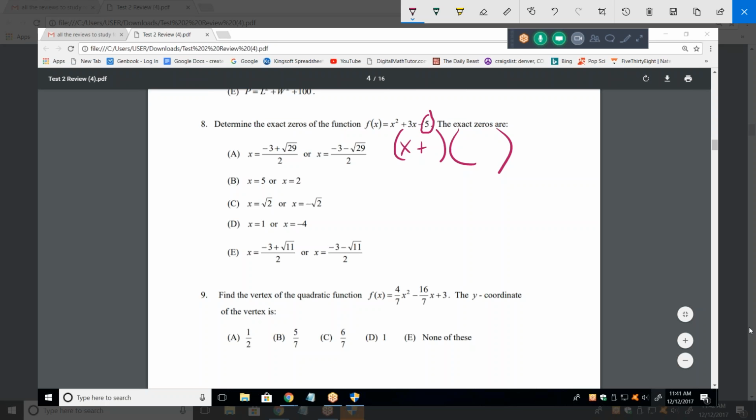So there's no way it can be a 3 or a 2. It's got to be a 1 or a 5. Now we do know that 1 is plus, 1 is minus. So our only choices are 1 and 5 or 5 and 1. Do either one of those produce that as a middle term? No. Okay, that means we can't factor it.